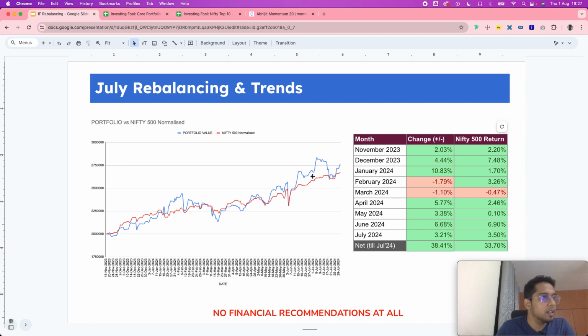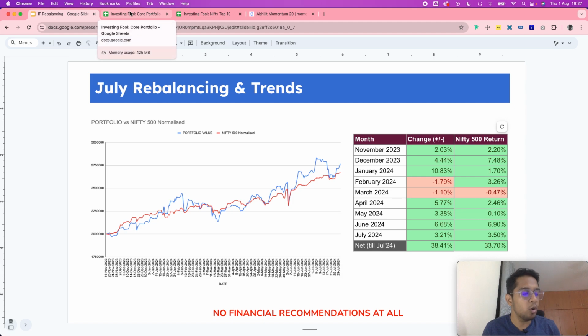If you see here, the blue one is our portfolio value, whatever value is in this sheet. These are all notional values. We started with a notional value of 1 lakh per stock, total 20 lakh portfolio value distributed across 20 stocks of the Nifty 500 universe.